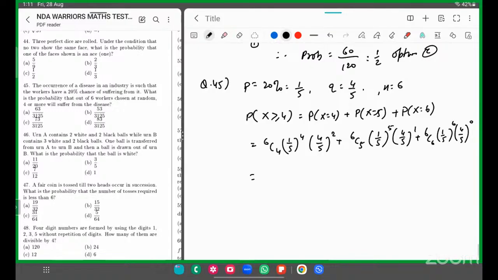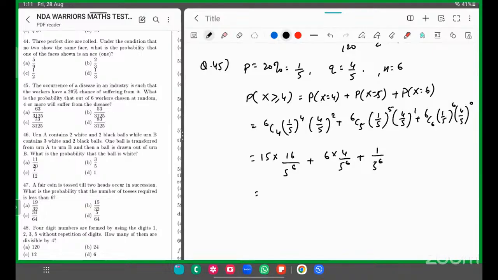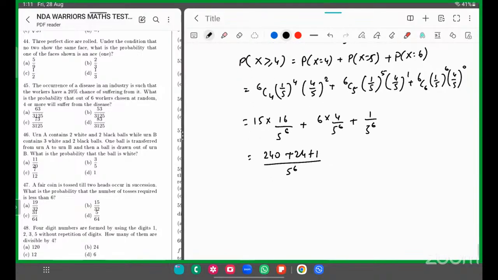Now solve it. 6C4 is 15, into 16 upon 5 raised to power 6, plus 6C5 is 6, into 4 upon 5 raised to power 6, plus 1 upon 5 raised to power 6. 15 into 16 is 240, plus 24 plus 1 is 265 upon 5 raised to power 6. 5 raised to power 6 will be 15625.